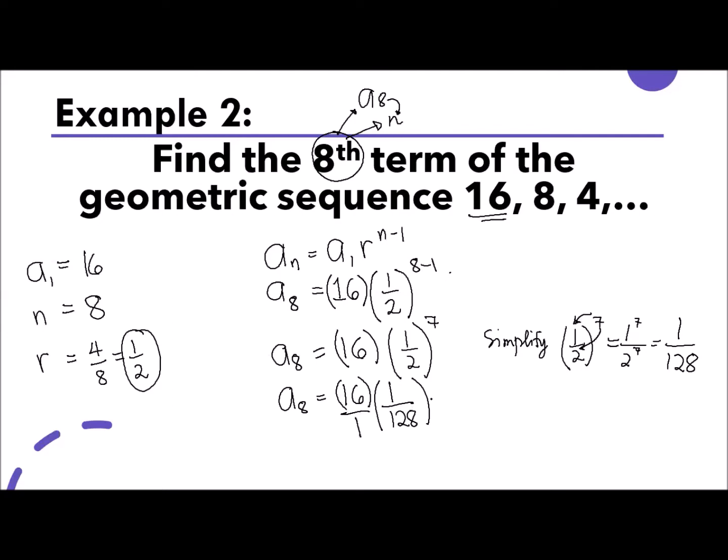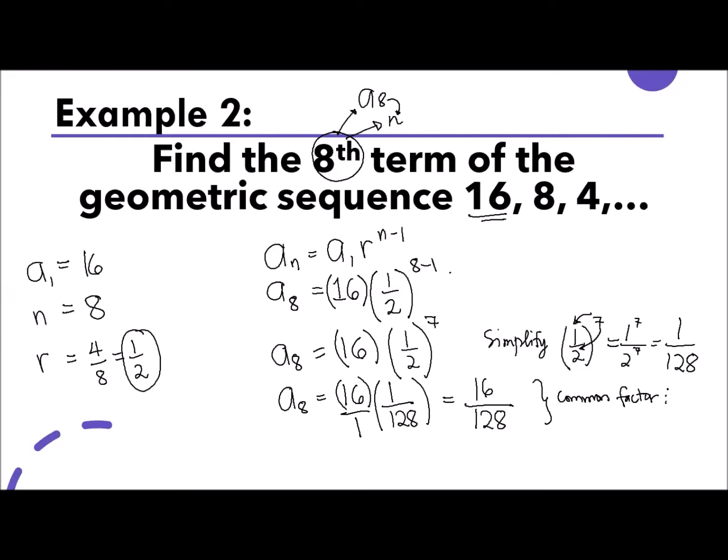So, we could simplify this as 16 times 1 is 16, and then 1 times 128 is 128. Now, look for a common factor between 16 and 128. Okay? What is the common factor?